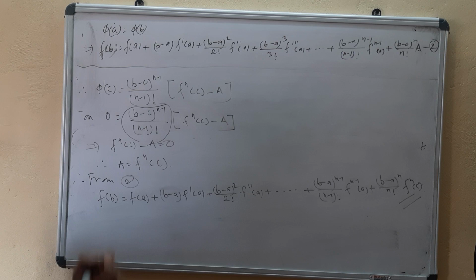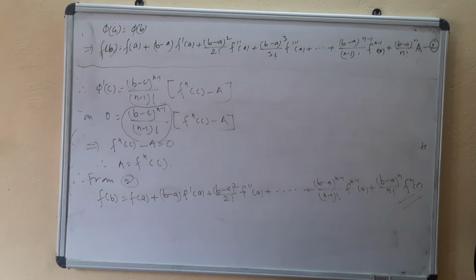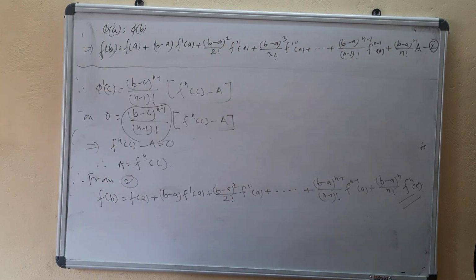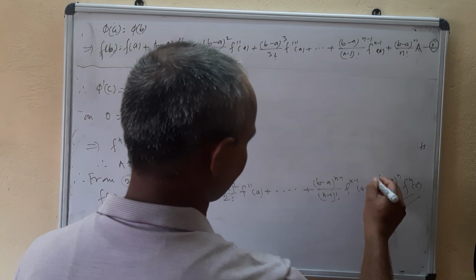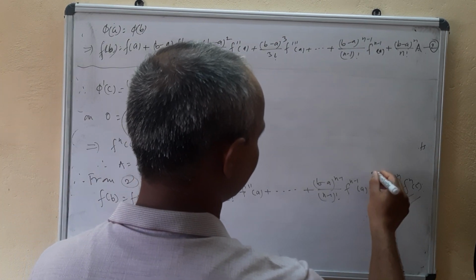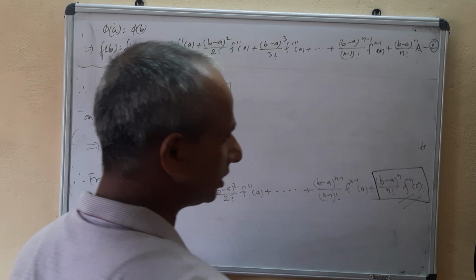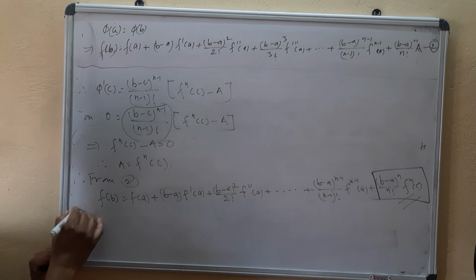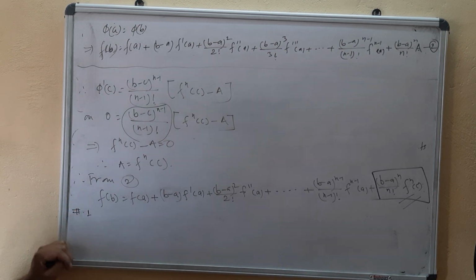It is finite form because you can see here are only n plus 1 terms. And you can see the last term has a different form than the other ones, isn't it? And it's note number 1, let's say.